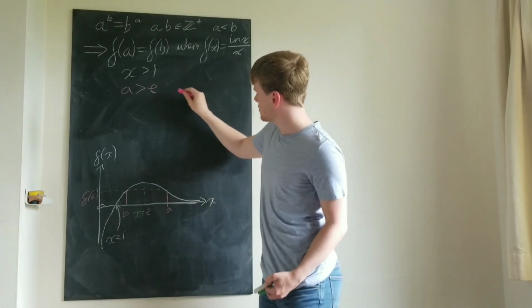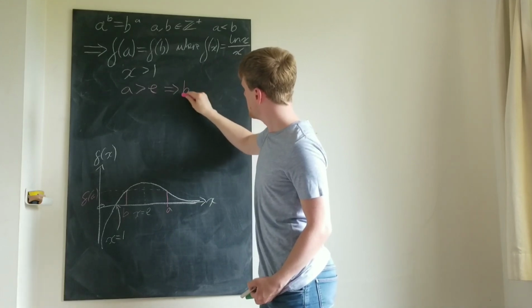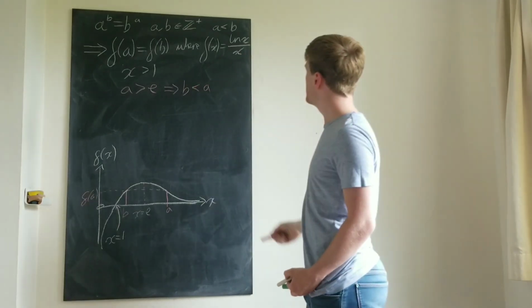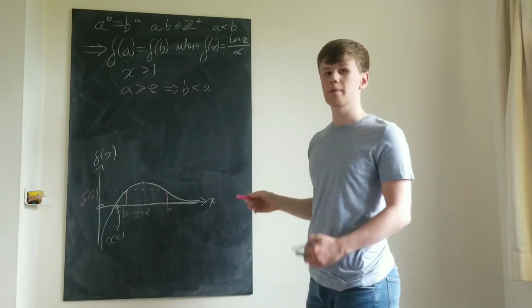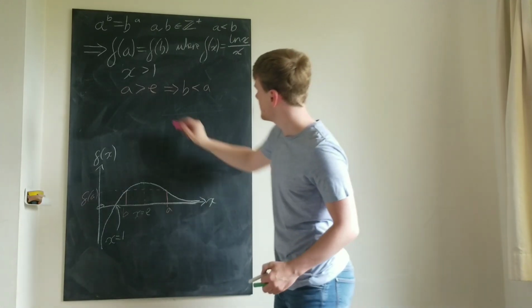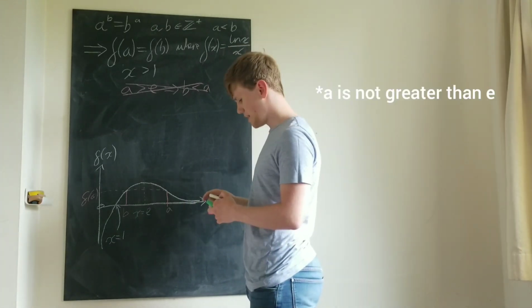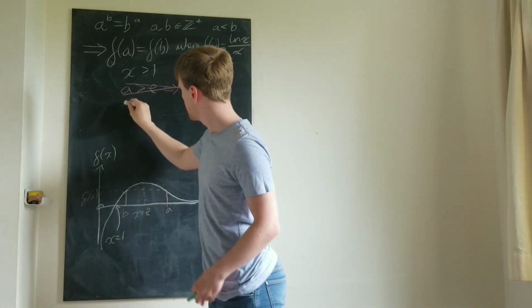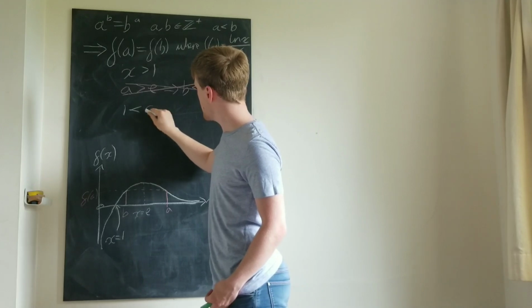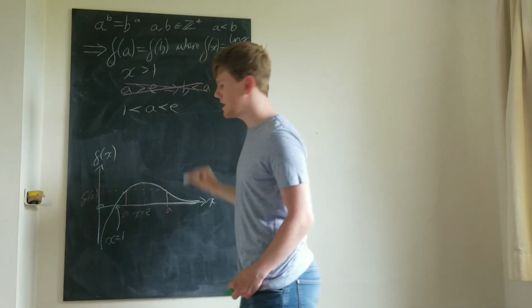But this would give us b less than a. But we specified that a must be less than b so we can get rid of our repeat solutions. And so a is not greater than e. Therefore, we have 1 is less than a is less than e.